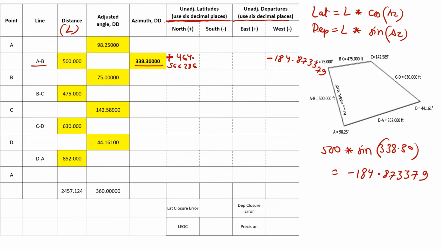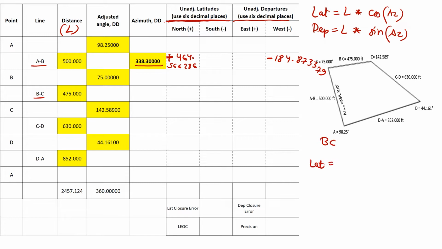So let's try to find the latitude of BC. For this line BC, my latitude would be length, right? The length of BC is 475, so 475 times the cos of my azimuth.